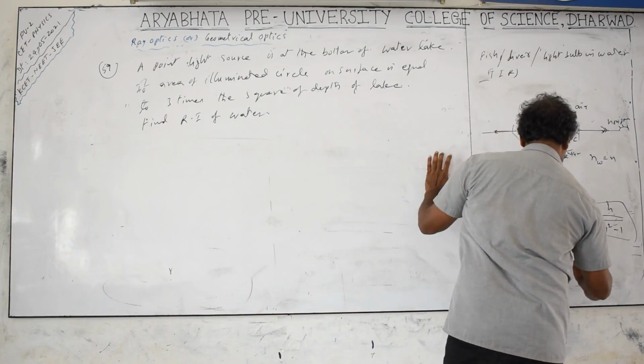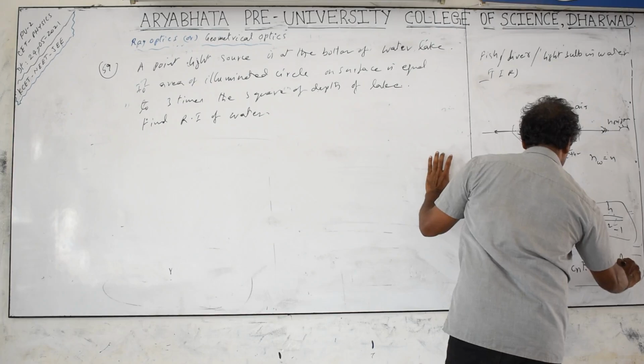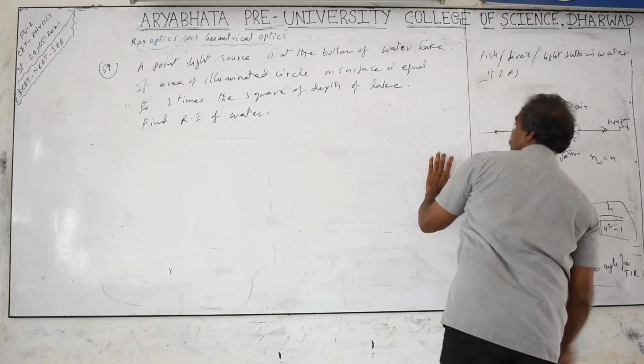What is the critical angle for TIR conditions?